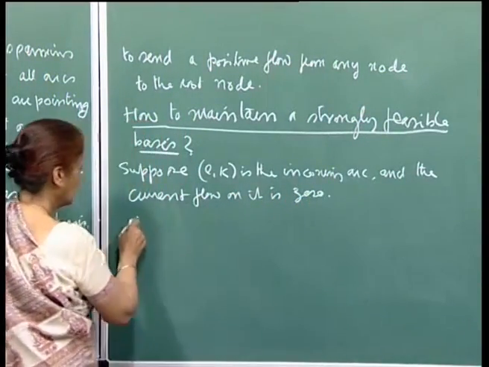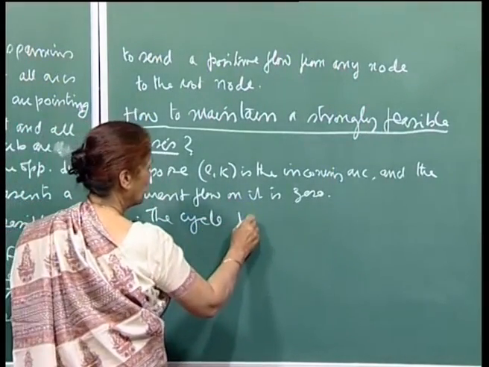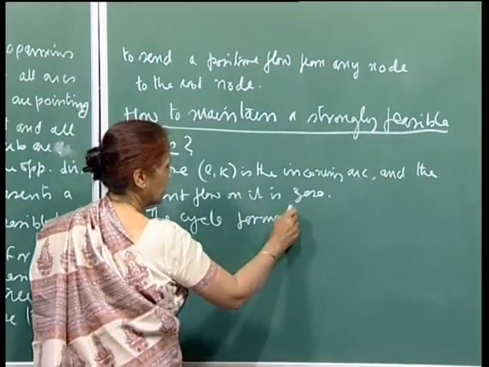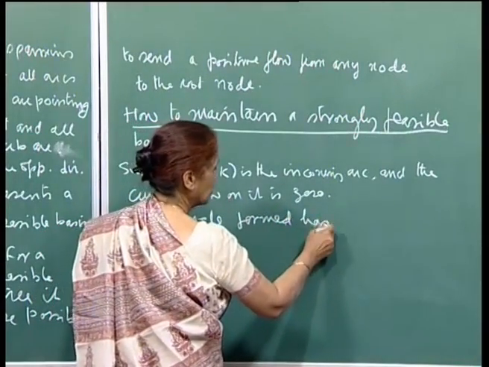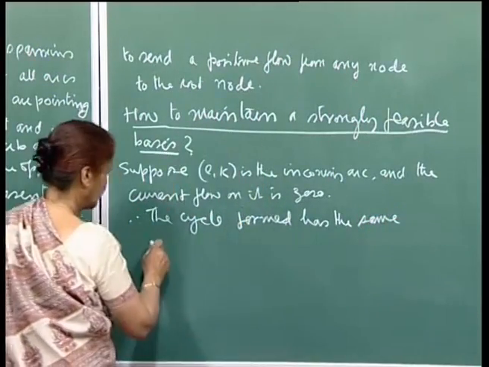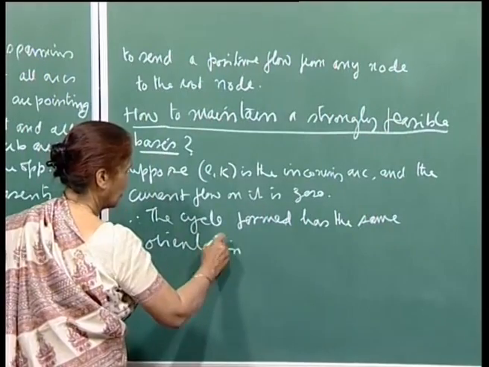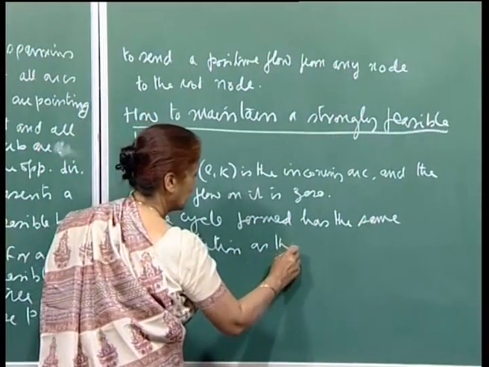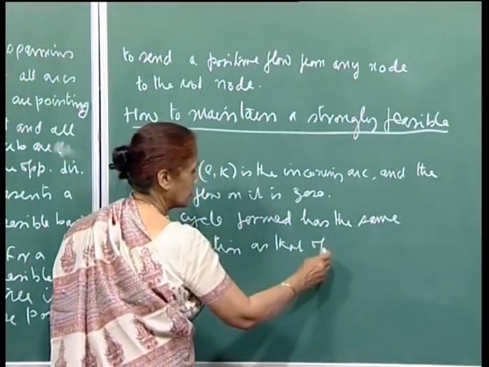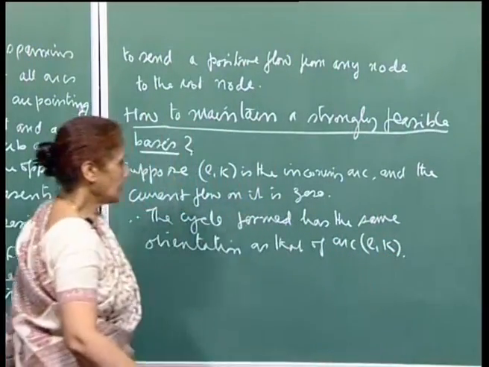Therefore, the cycle formed has the same orientation as that of the arc LK, right. It has the same orientation.